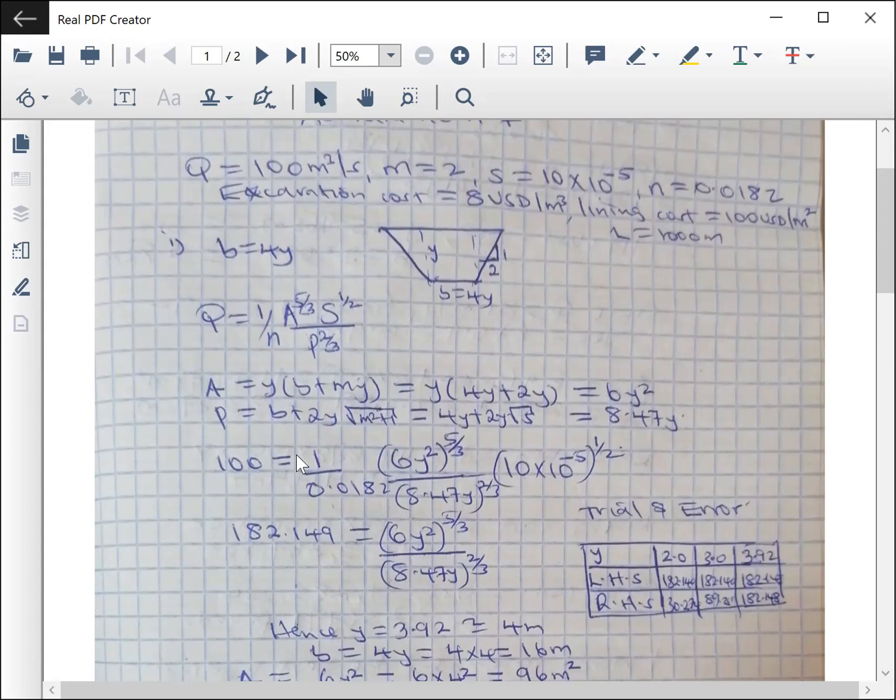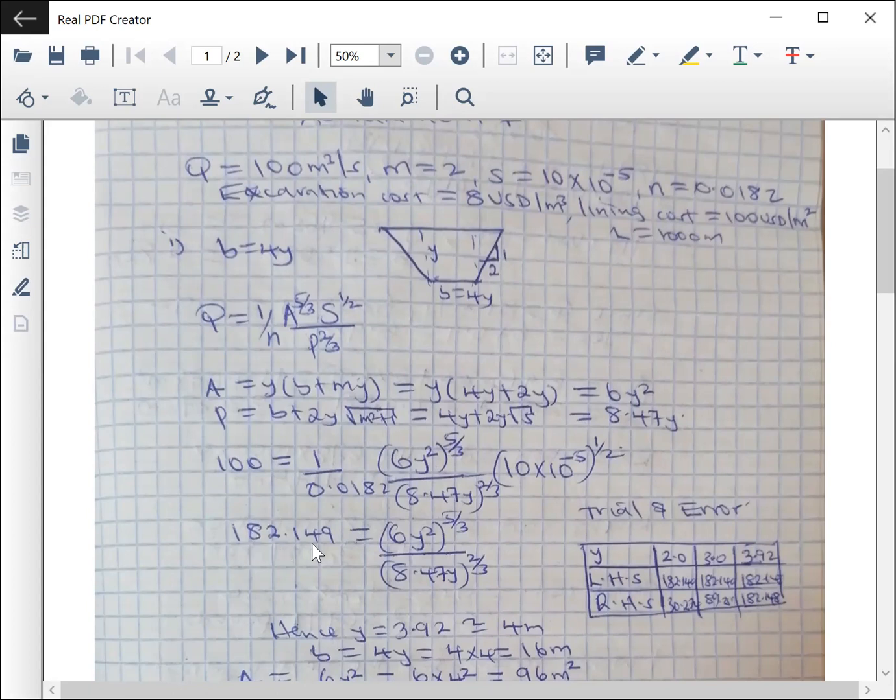Now, if we substitute in this formula here, Q is equivalent to 1 over N, which is 100, equal to 1 over 0.0182, then our area 6y squared power 5 over 3 divided by our wetted perimeter 8.47y power 2 over 3. We multiply by the bed slope, which is 10 times 10 power negative 5, all that power a half.